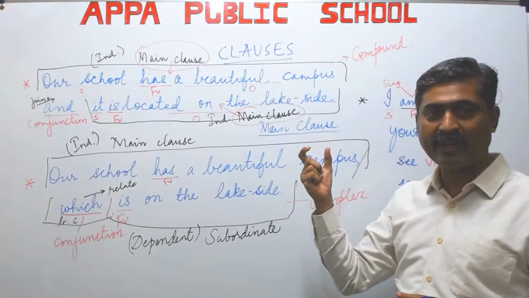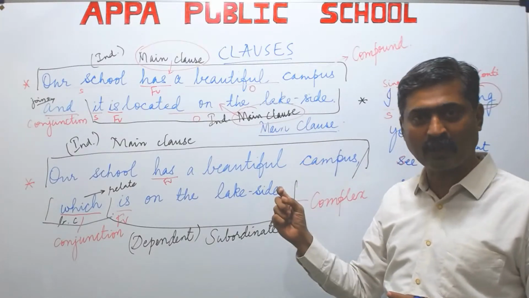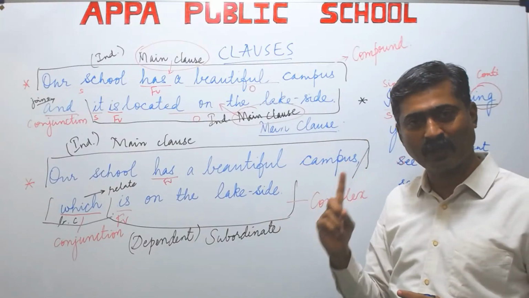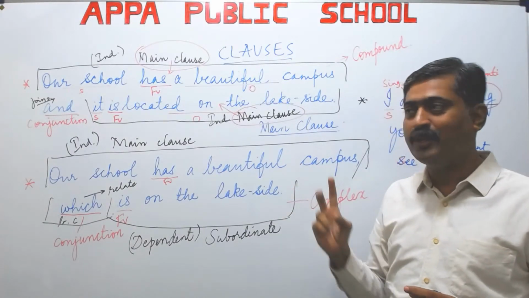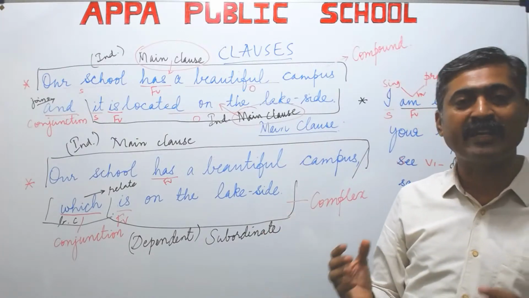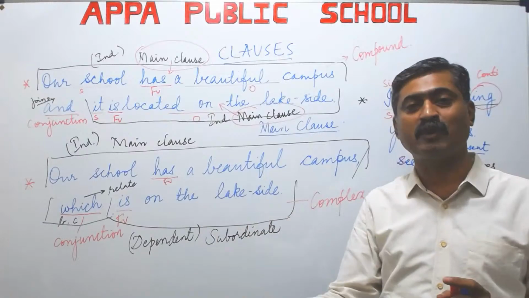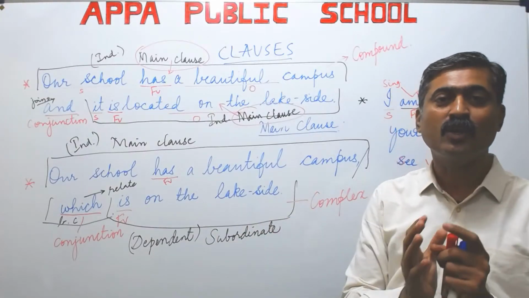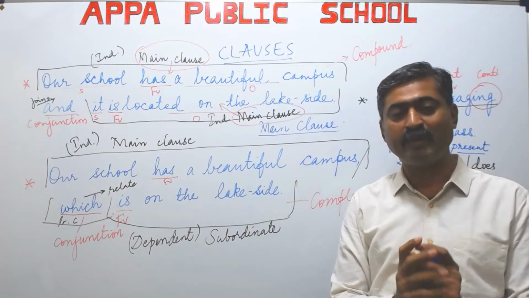If you go back to that example, you will see that it just has only one clause, a main clause. So one main clause makes it a simple sentence. Two main clauses with any number of subordinate clauses will make it a compound sentence, and one main clause with any number of subordinate clauses will make it a complex sentence. Okay, so this you need to remember for now.